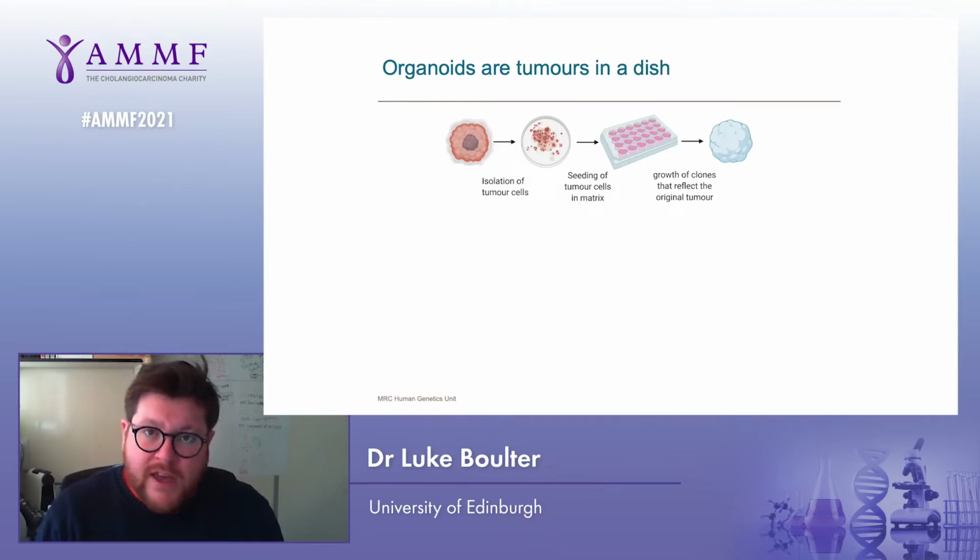This is normally a scaffold, which contains a number of growth factors and extracellular matrix, the large proteins that you find in the microenvironment of the tumor. What we ultimately derive are clones of tumor cells that reflect the original starting material, in this case cholangiocarcinoma. And these have been enormously useful in research across the board.